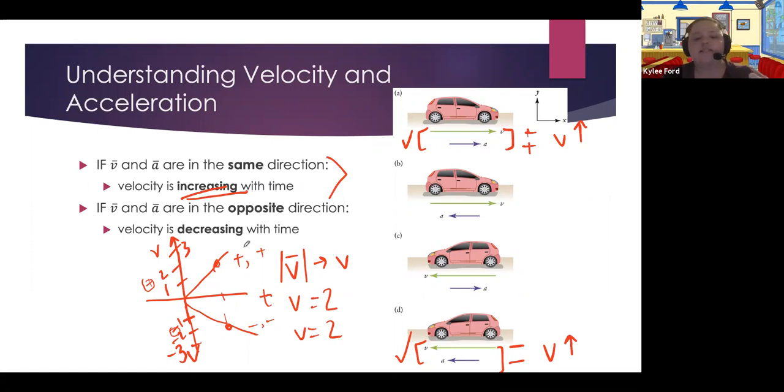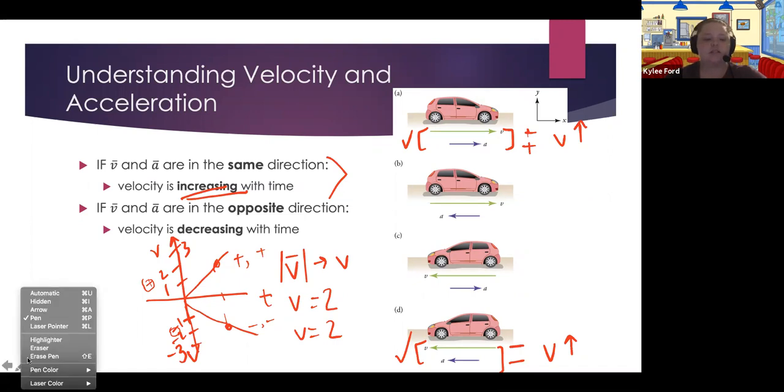It's not telling you whether the velocity is increasing or decreasing. It's telling you what direction it's moving in. I know that can be a little bit confusing, so maybe let that sink in for a minute, and then I'll talk about when they're in the opposite. So take a minute and then come back to this.